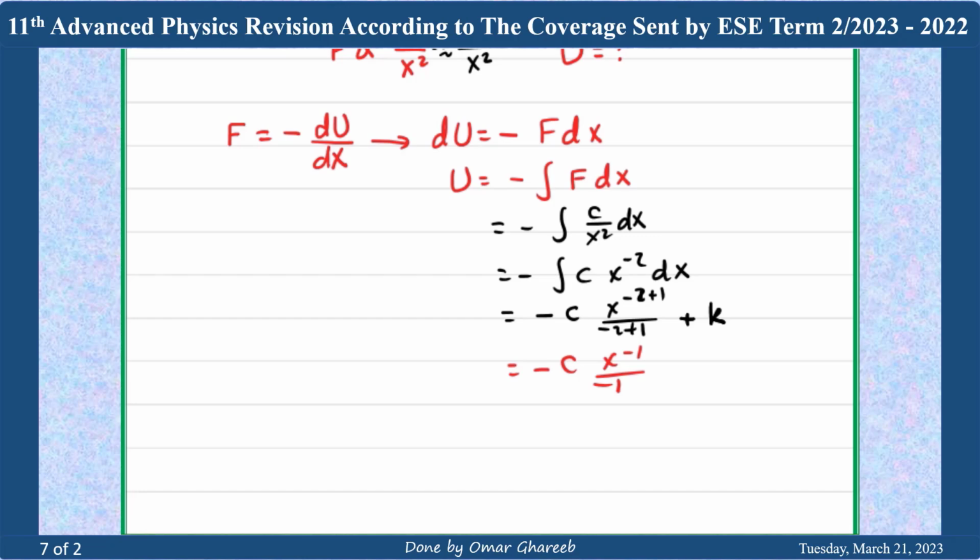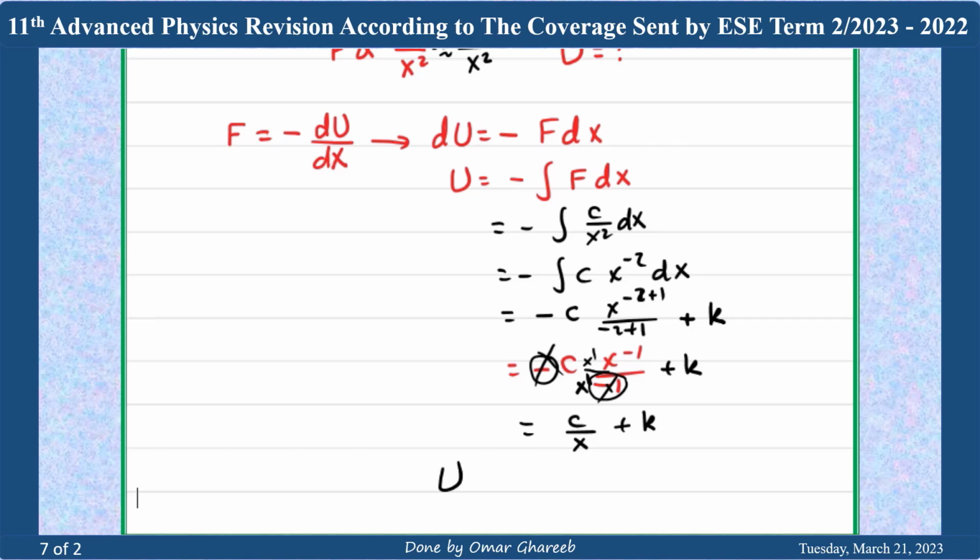Minus over minus 1 would be positive, and x to the minus 1 goes downward, so plus, don't forget the constant k, equals c over x. I cancel this minus 1 with this minus 1. Then here we have x downward plus k.